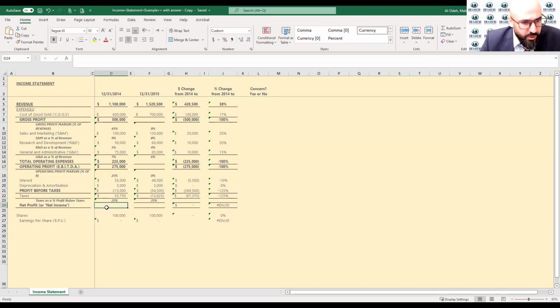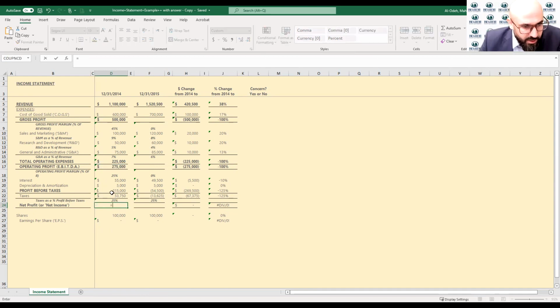And then the net profit would be equal to what here?